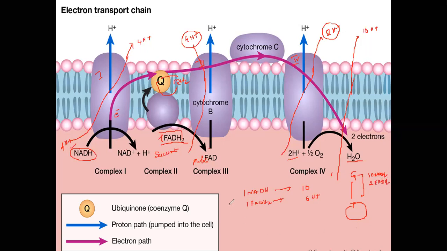How many? 10 NADH2s and 2 FADH2 molecules. Each NADH molecule will pump 10 protons. Means 10 NADH molecules into 10 protons is equal to 100 protons pumped from inside to the outside. And 2 into 6 is 12.